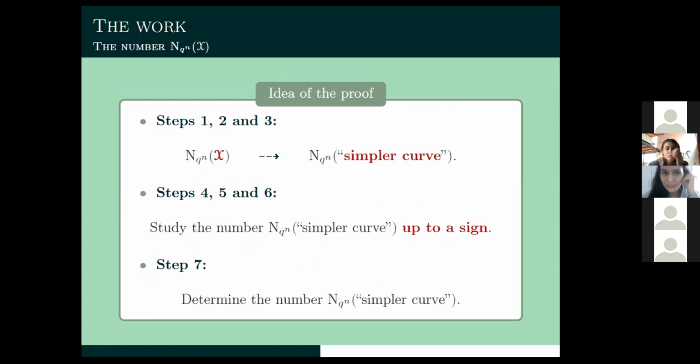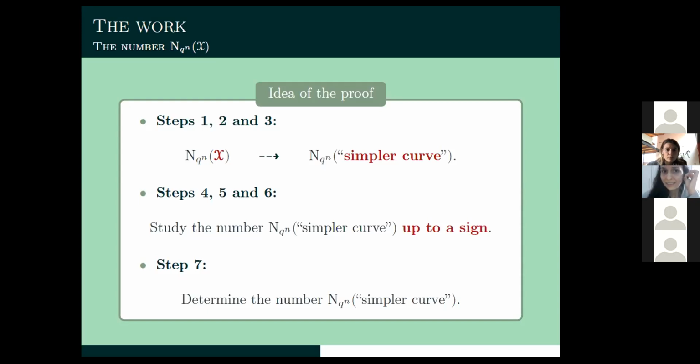The first 3 of them deal with changing the problem of computing the number of rational points on X to another problem, computing the number of rational points on another curve that I call here a sample curve.